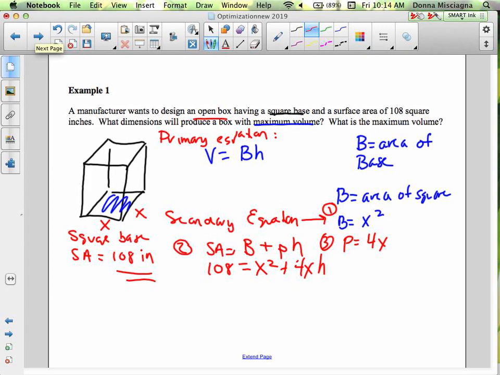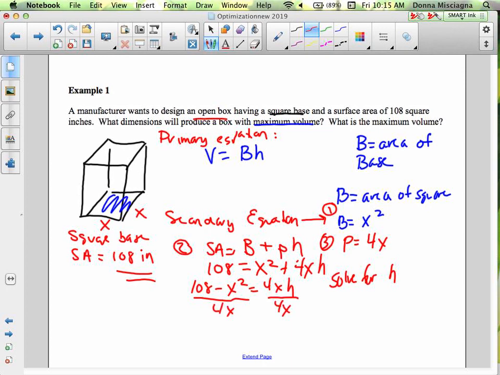So now what we want to do is solve for h, because we want to get rid of that variable. And if we can solve for h, we can take that and plug it back into h here. And then all will be good. So we're just going to subtract the x squared. So we've got 108 minus x squared equals 4xh, and then divide by 4x.